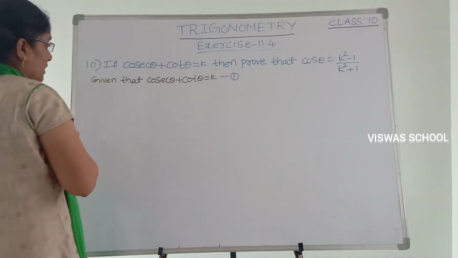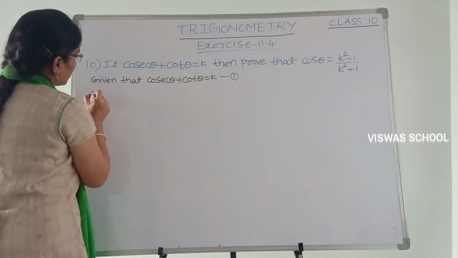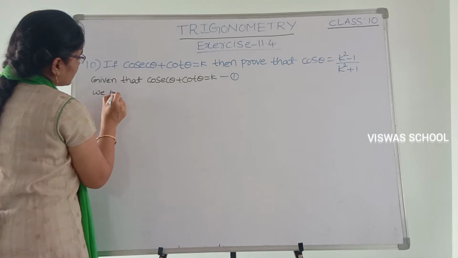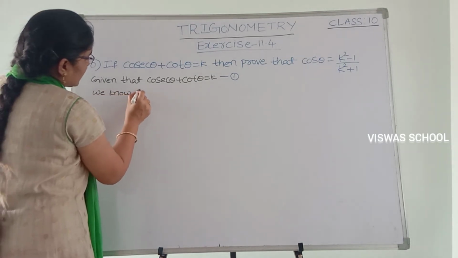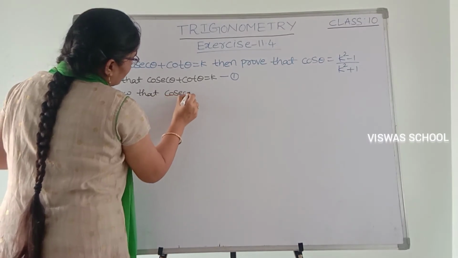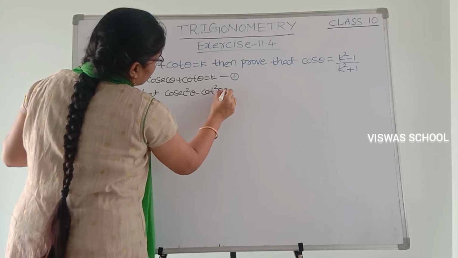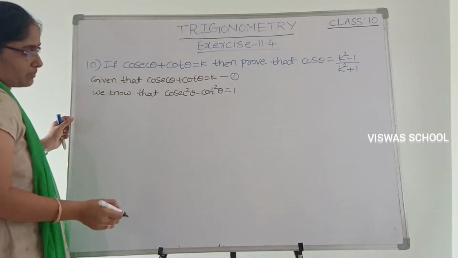Next, related to this, we have one trigonometric identity. We know that cosecant square theta minus cot square theta is equal to 1.